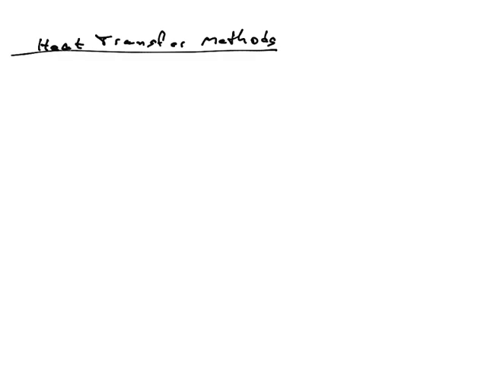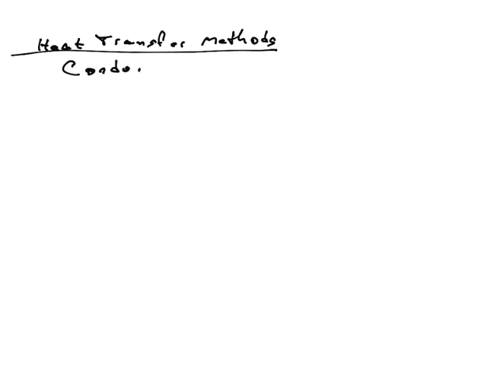All right, once we did that, we started talking about heat transfer methods. And we talked about how there's 3 that we know about: conduction, convection, and radiation. But we really only mathematically worked with 2 of them.